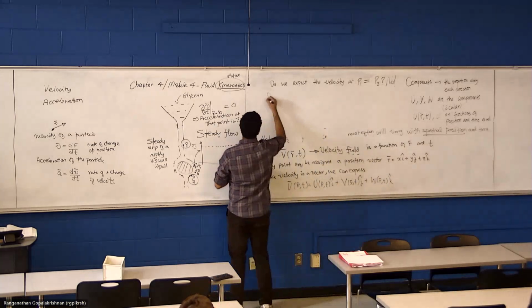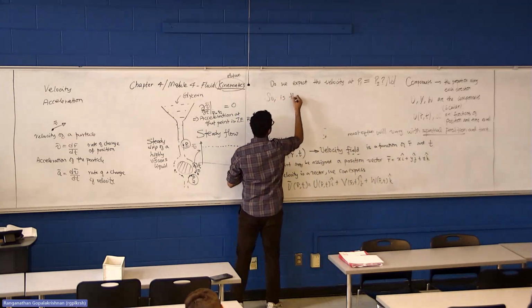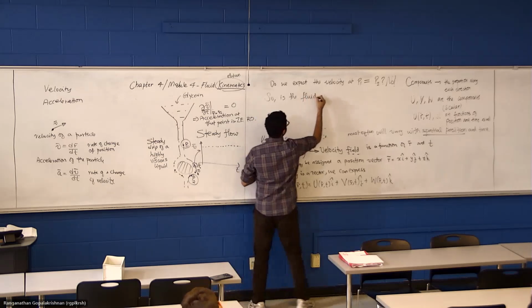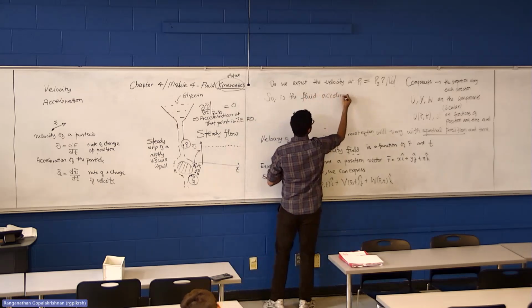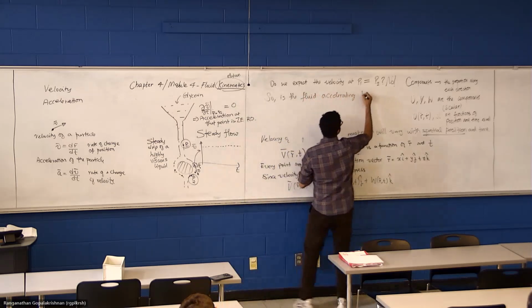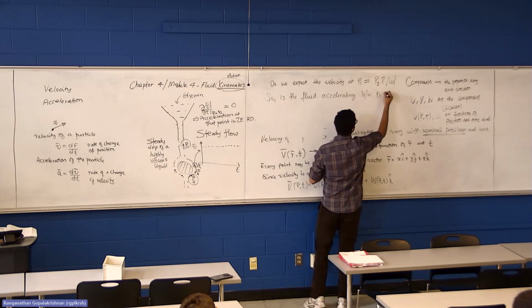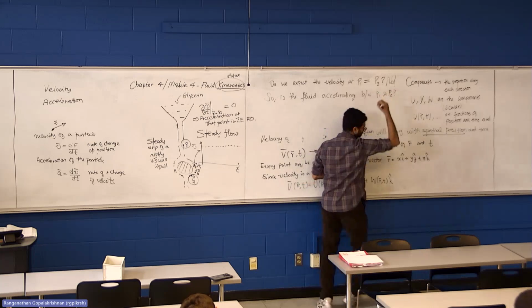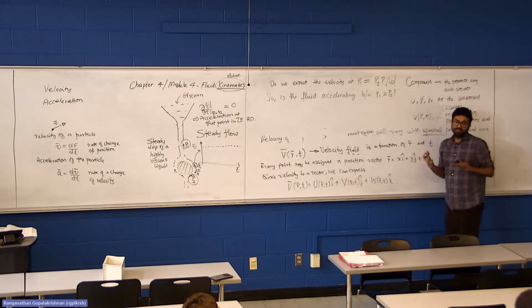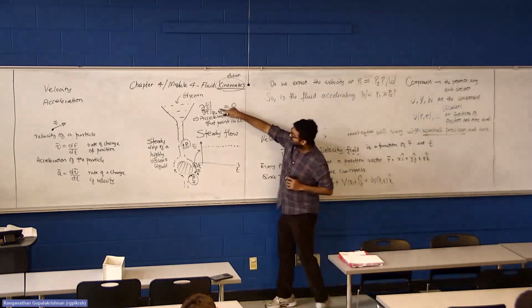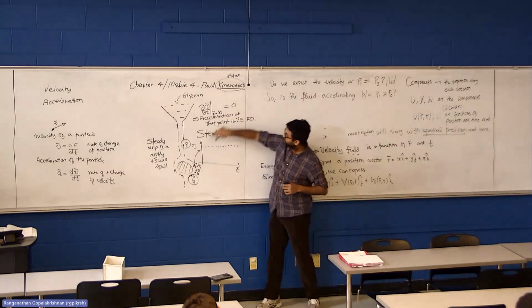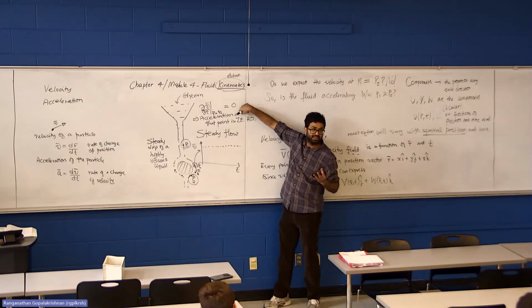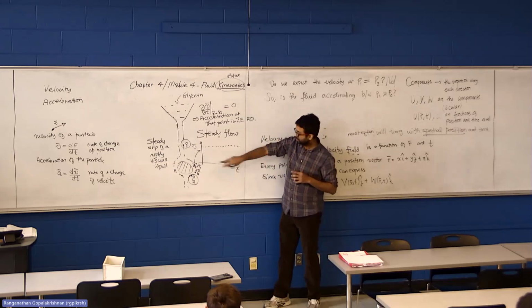We don't expect the velocity at P1 to be equal to P2. So is the fluid accelerating between P1 and P2? You just told me the acceleration at any particular point is 0 because nothing is changing if you just focus your attention on this point.